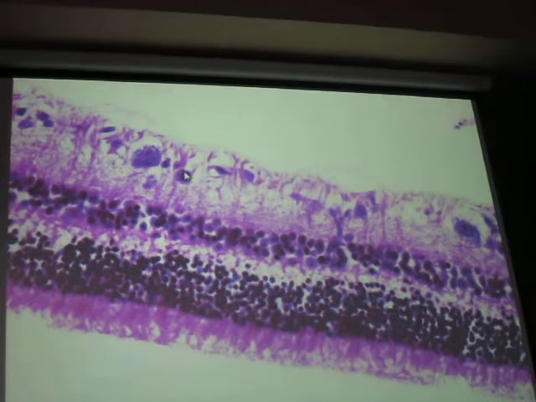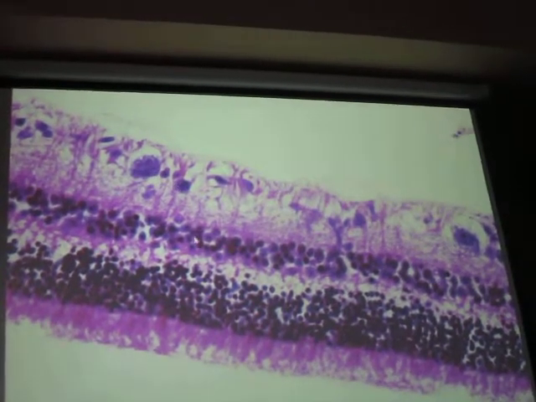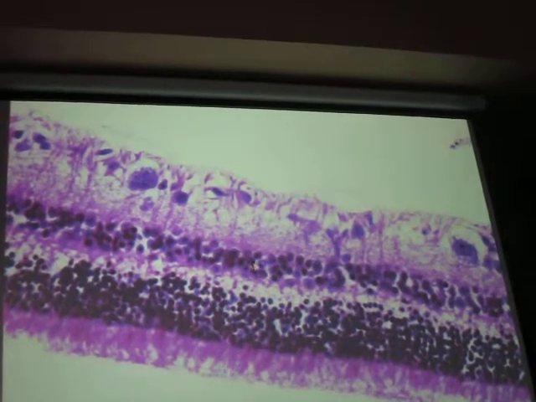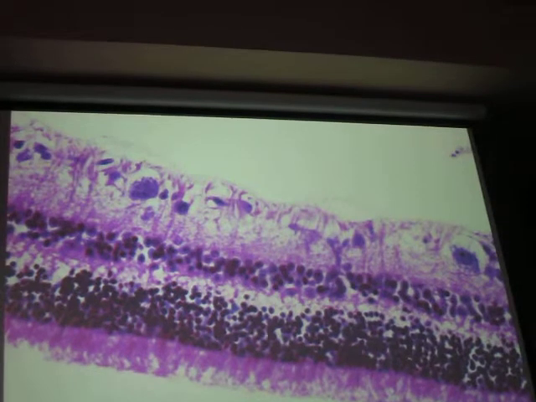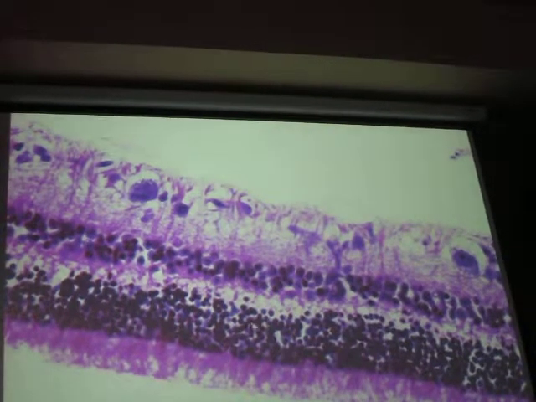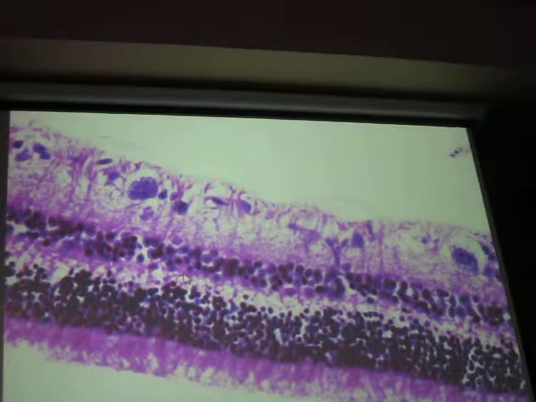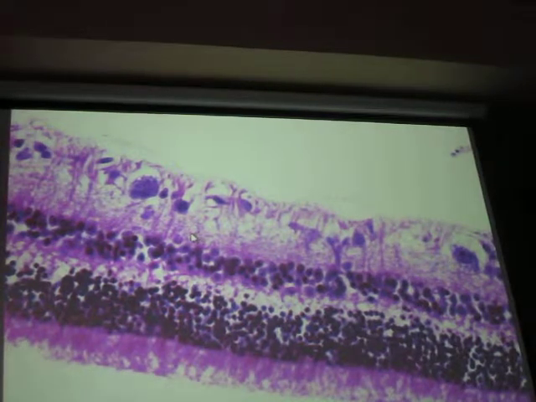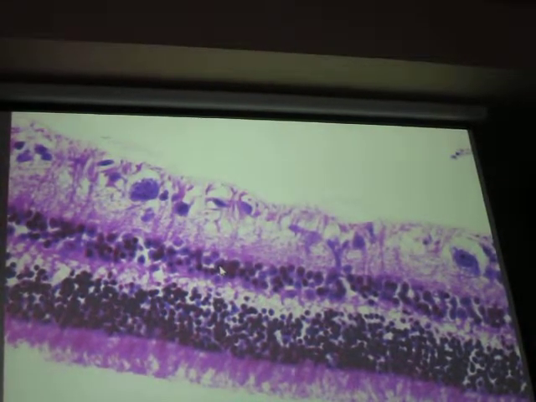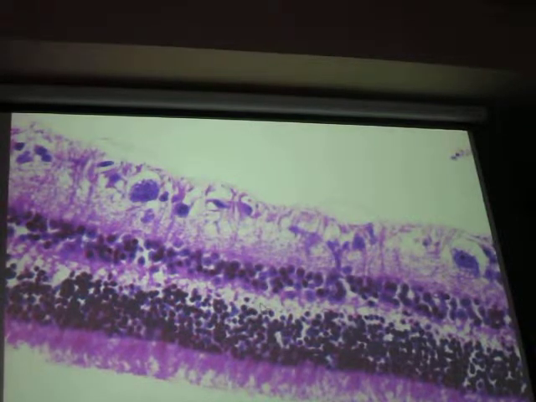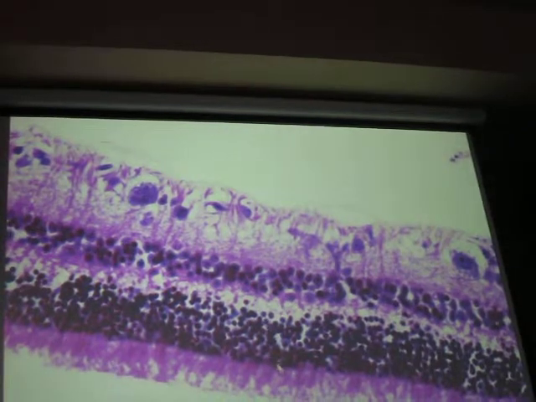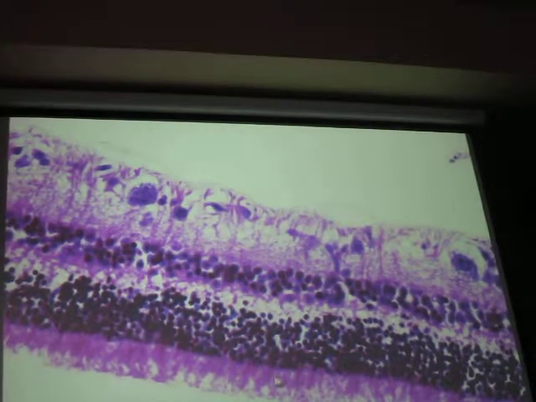This is the ganglionic layer, the inner nuclear layer where you have the bipolar cells, and the outer nuclear layer. Between the ganglionic and inner nuclear is the inner plexiform layer, and between the inner and outer nuclear is the outer plexiform layer.